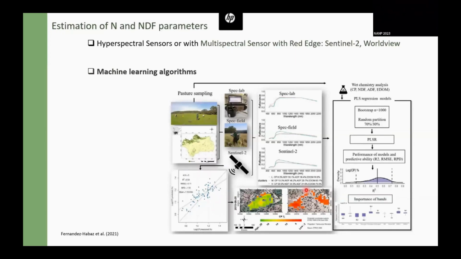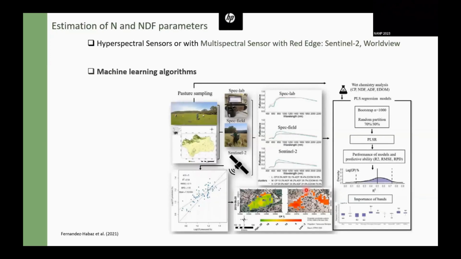But with the launch of Sentinel-2 from the European Space Agency, this Sentinel-2 is a free source satellite that can measure the narrow bands between the red spectrum and the near infrared spectrum, and we call those between those regions the red edge regions.